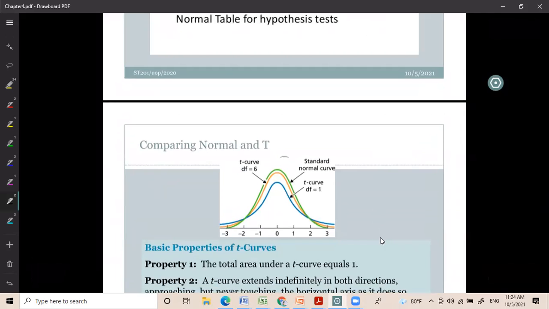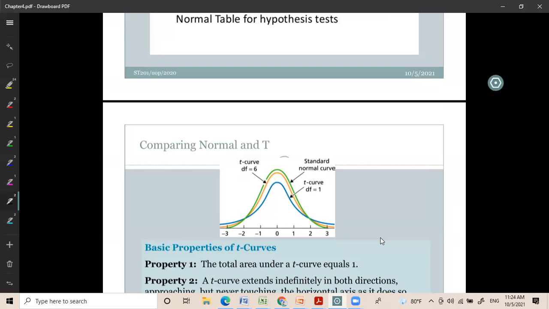You can see the standard normal curve, the green one. After Z score -3 and +3, the curve flattens. That means the probabilities are very, very small toward the tails, so very thin tails for the normal distribution. But the T distribution has thick tails.